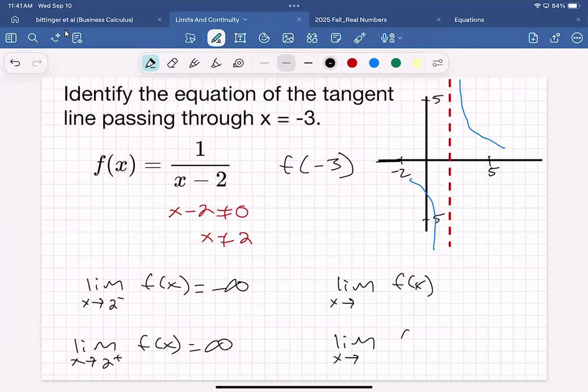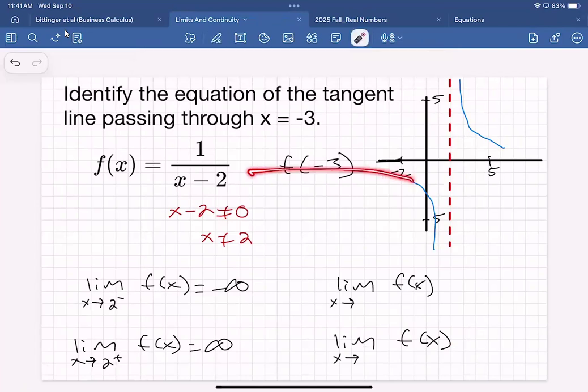So we picked two from the left and the right because we wanted to focus on this possible discontinuity, and we've confirmed that, hey, we have a vertical asymptote at x equals 2. That's why I can't use it. Okay. If I want to look at the end behavior, what my graph does is I go from one to the very edges of our graph. What should x approach to do that?